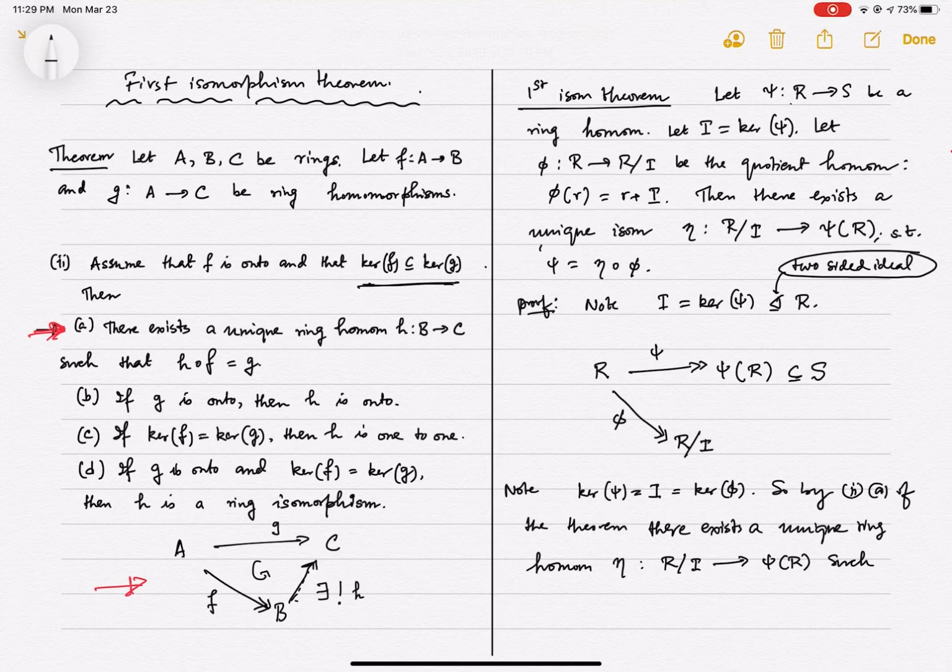Such that going down right, meaning applying phi, and then applying up right, is the same as applying psi.